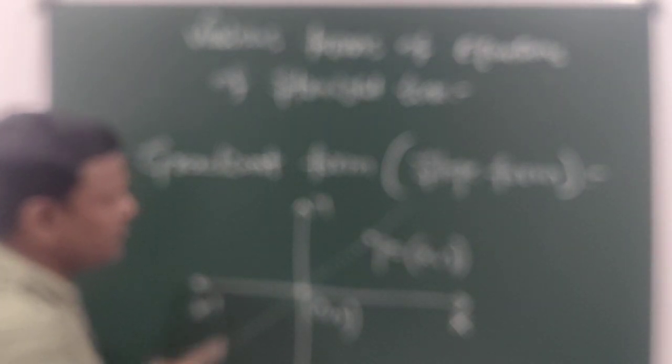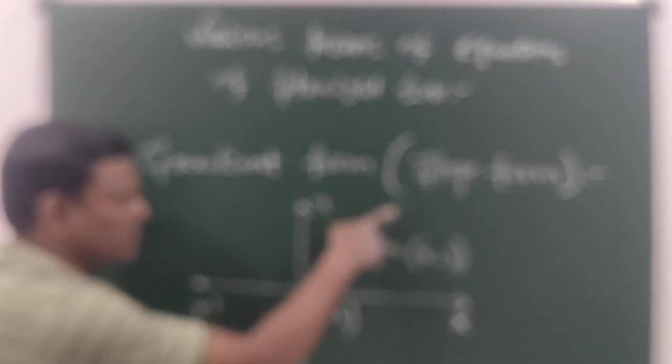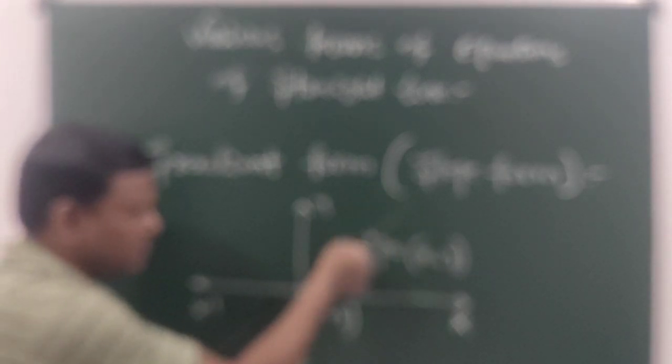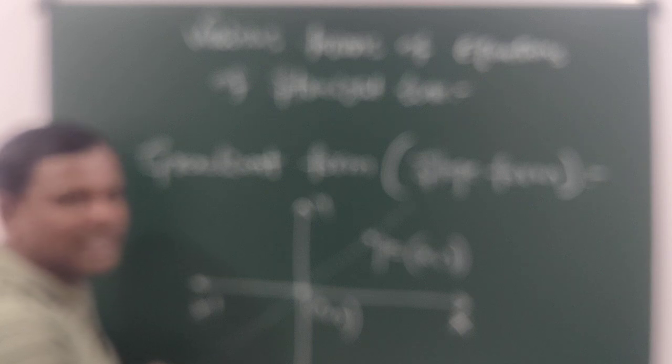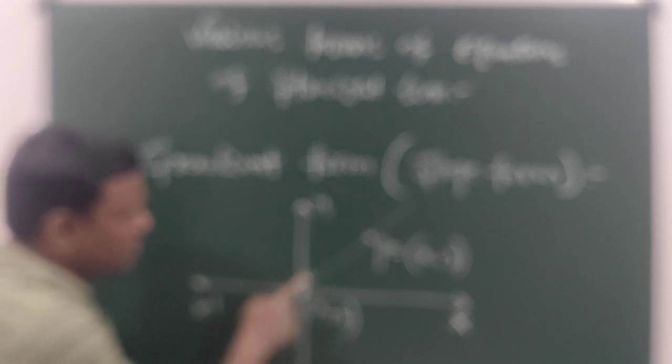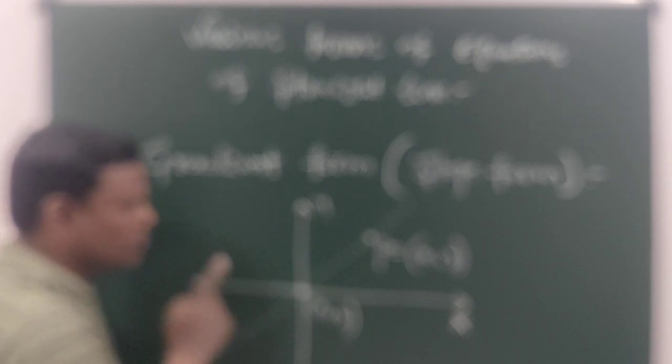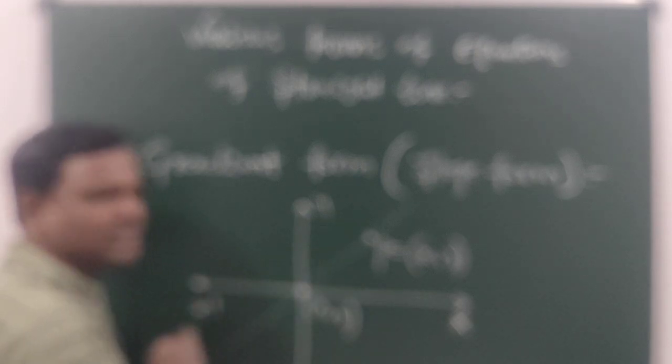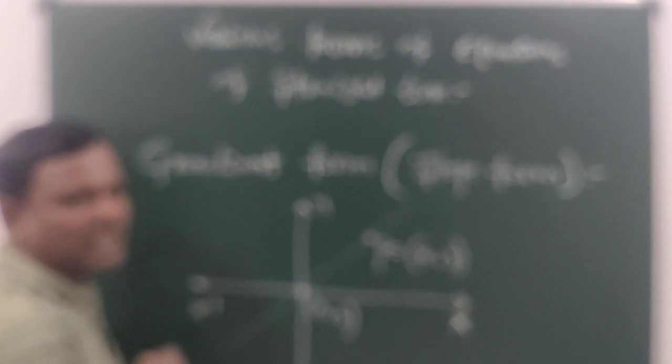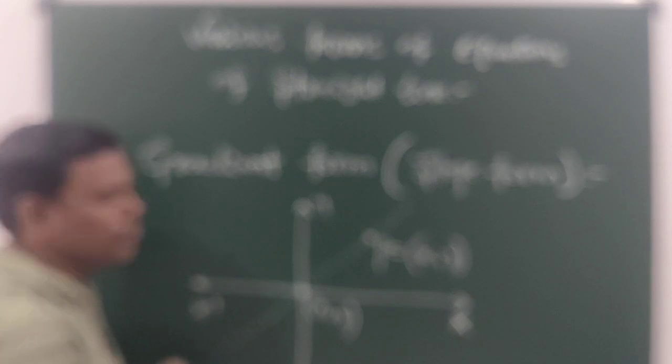Now here we identified 2 points on this group of points. When we connect them, we get a straight line. When we know 2 points on a straight line, how to determine the slope of this line?